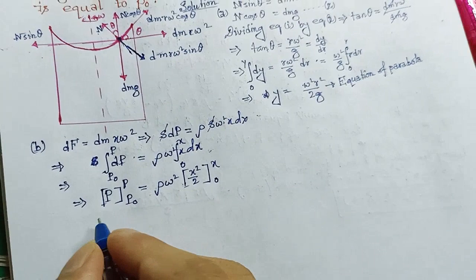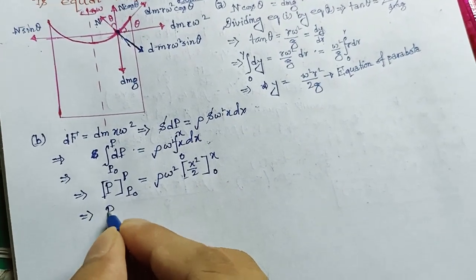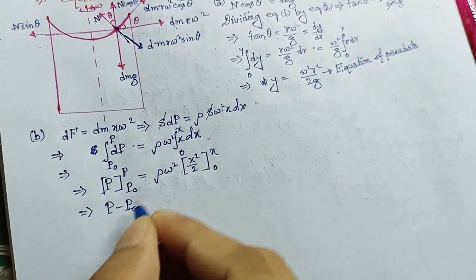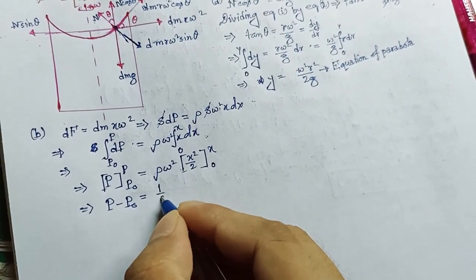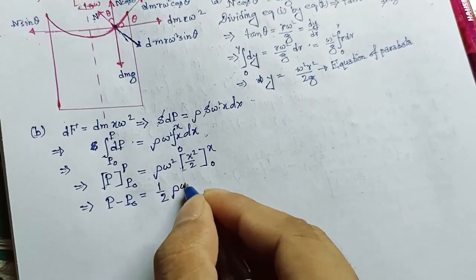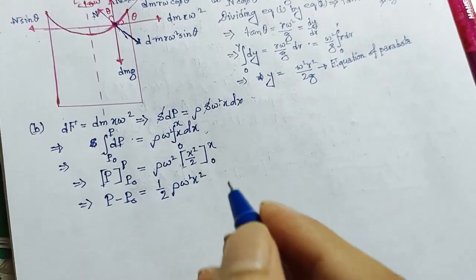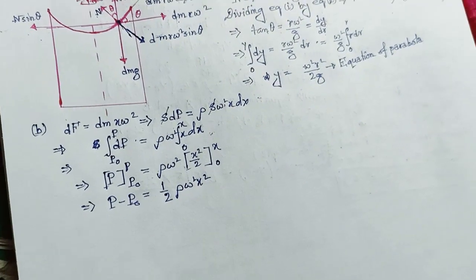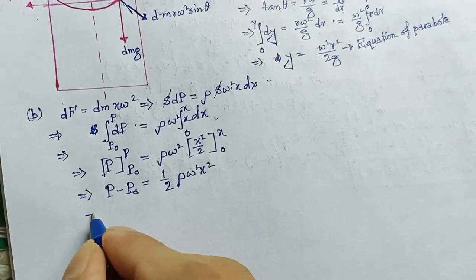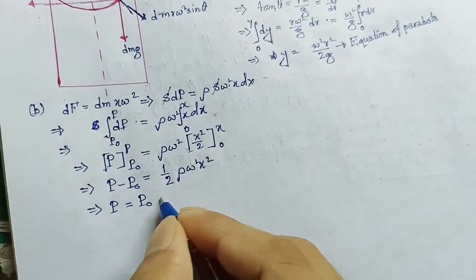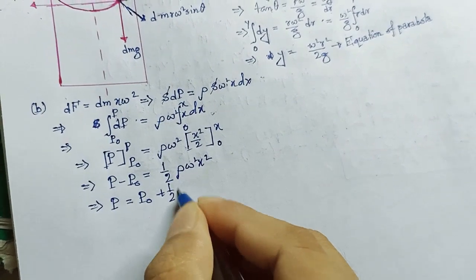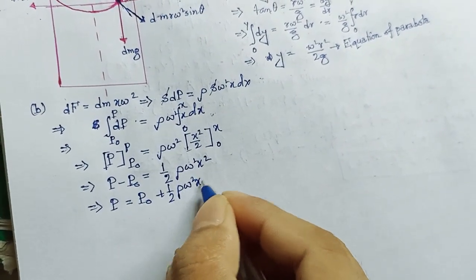If we evaluate this integral, we find p minus p naught will be equal to half rho omega square x square. So our equation for the pressure will be p equal to p naught plus half rho omega square x square.